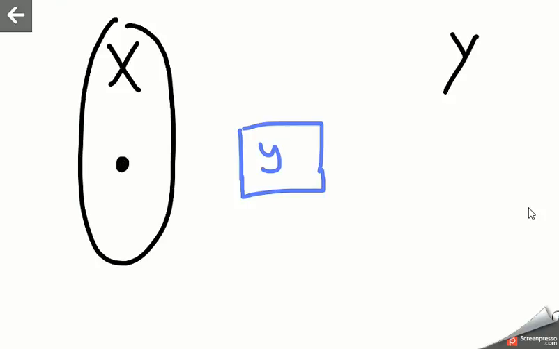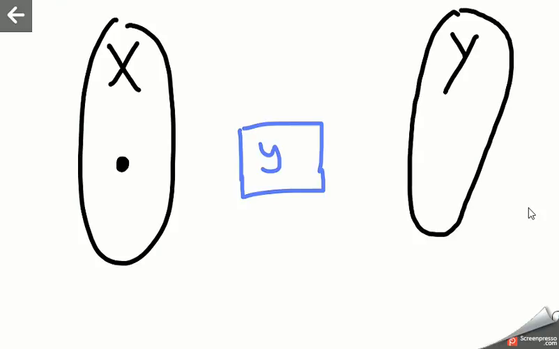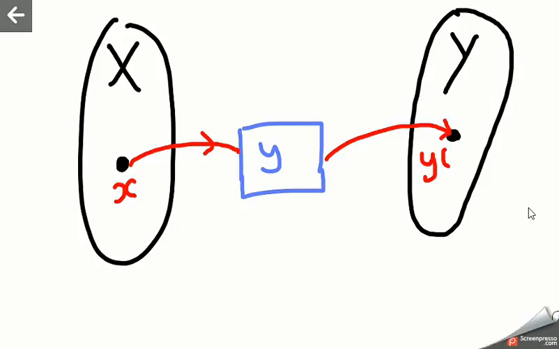And then we've still got a set of y outputs. What the function does is it takes the input little x, it puts it into the function box, and then out of the function box comes the output y of x.